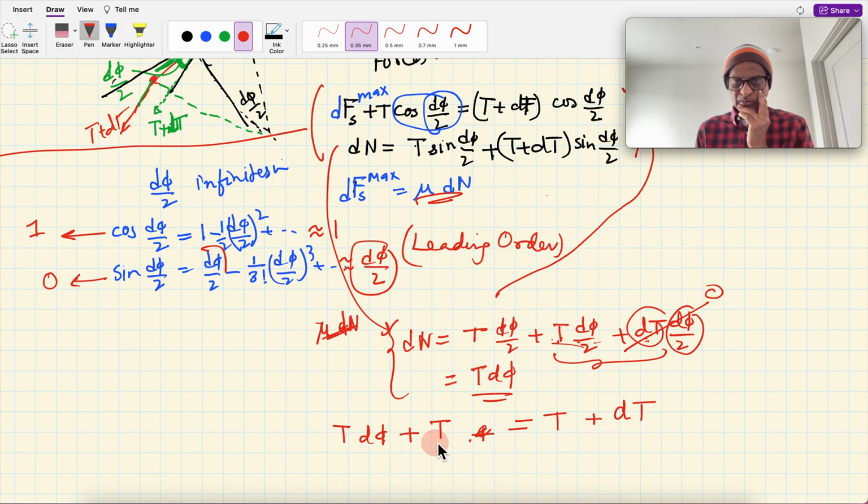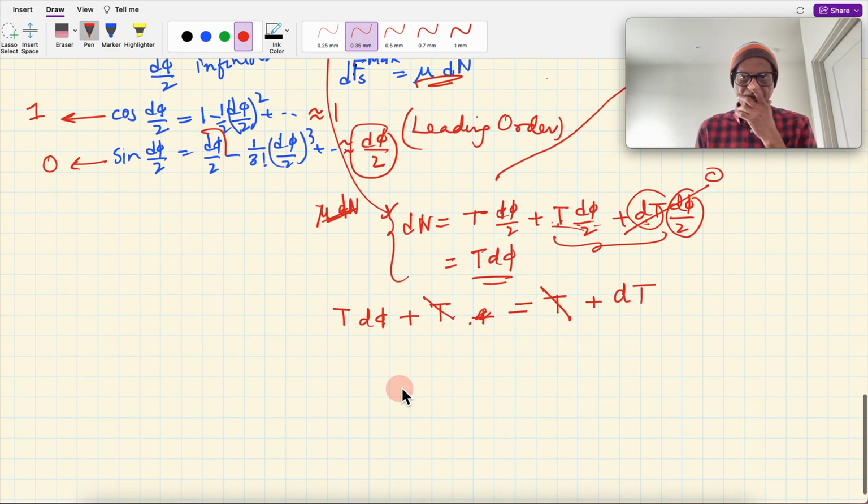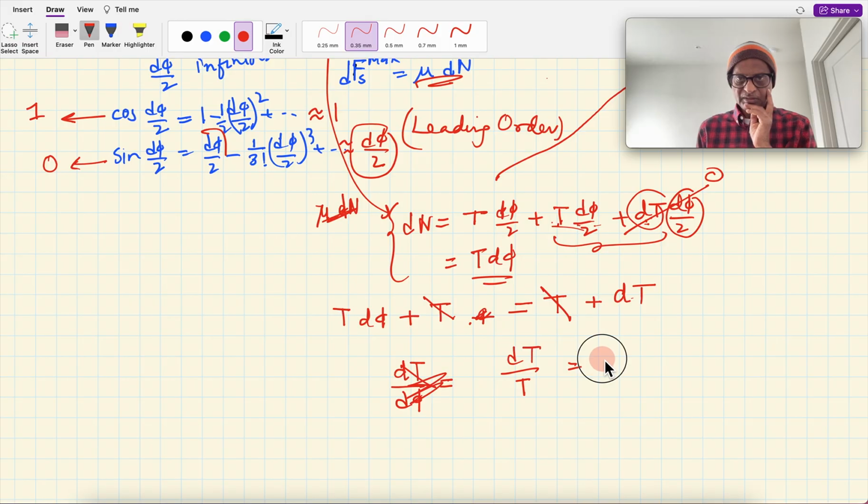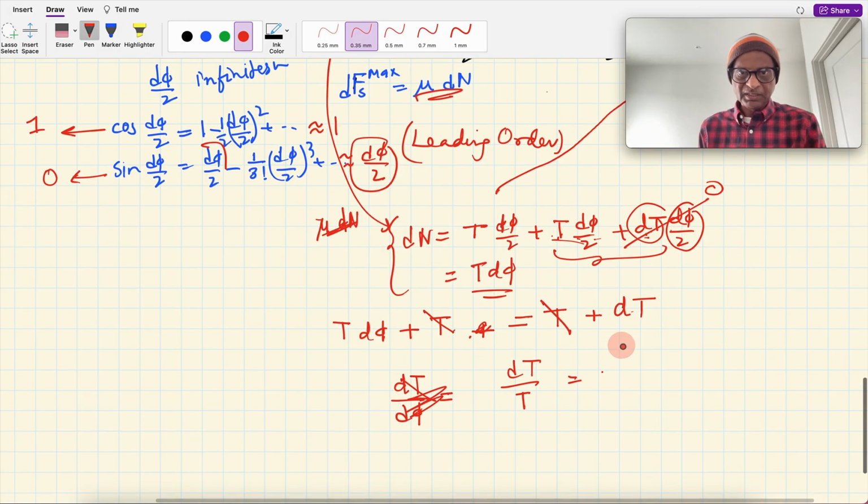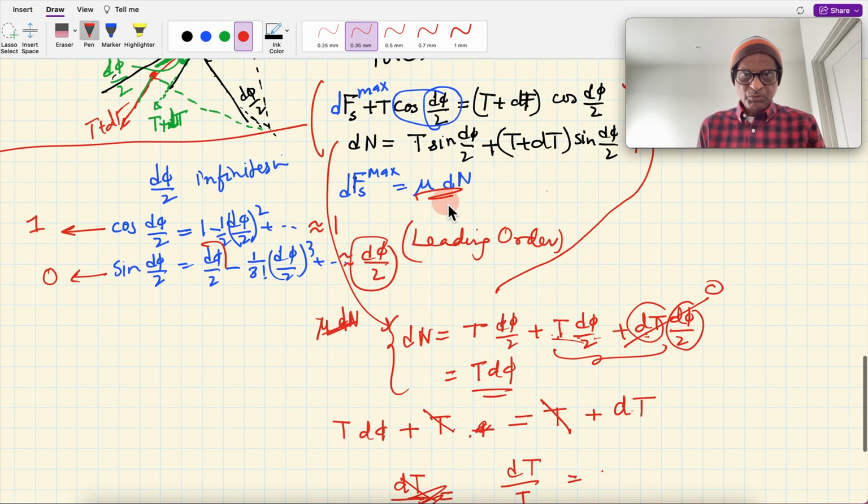So these T's cancel, and we got dT over dφ is equal to, okay, I don't go there, dT over T. There's some μ missing, right? There's a μ missing here. I was wondering what's going on.